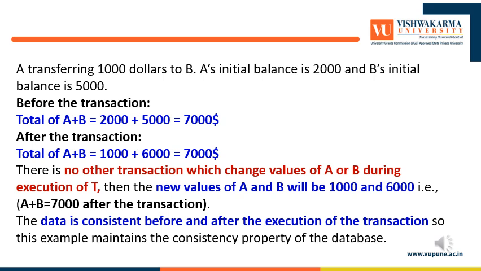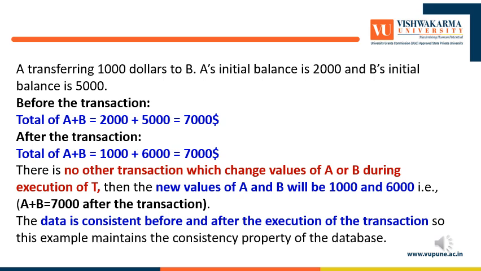Consider transferring $100 to B. A's initial balance is $2,000 and B's initial balance is $5,000. Before the transaction, the total of A plus B is $2,000 plus $5,000, which is equal to $7,000. After the transaction, the total of A plus B is $1,000 plus $6,000, which is equal to $7,000.